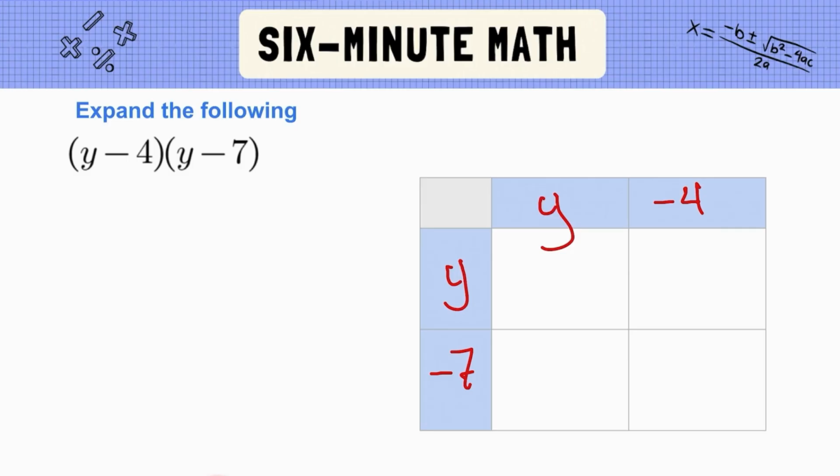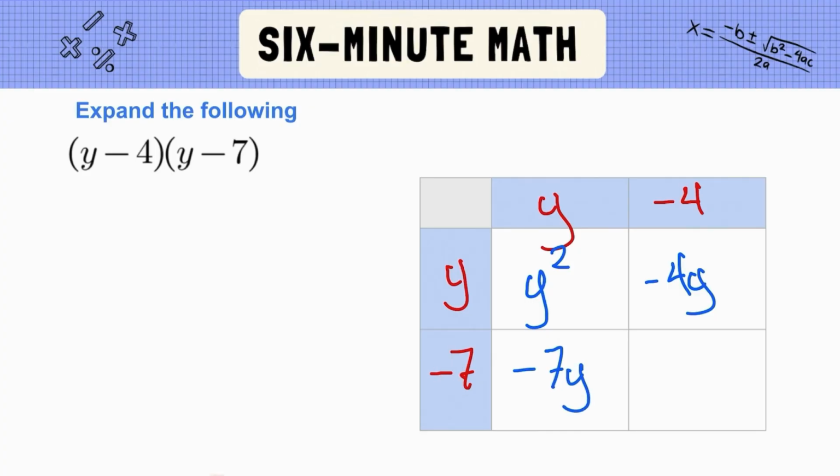Y times y is y squared. Y times negative 4 is negative 4y. Negative 7 times y is negative 7y.